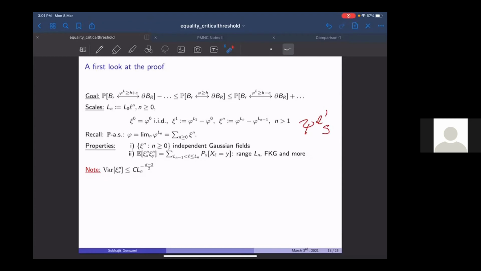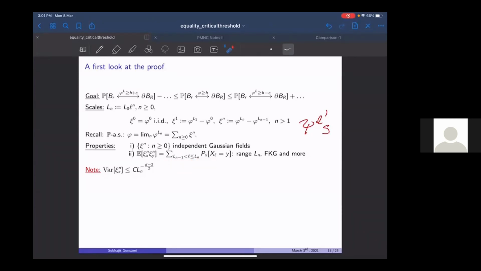Because all the transition probabilities are 0 there. Okay, so in particular, the range is Ln. They satisfy FKG, obviously, because as I told you, for Gaussian fields, if you have non-negative correlations, you have FKG, and of course these are non-negative. There are some more properties, but we'll come to that later.